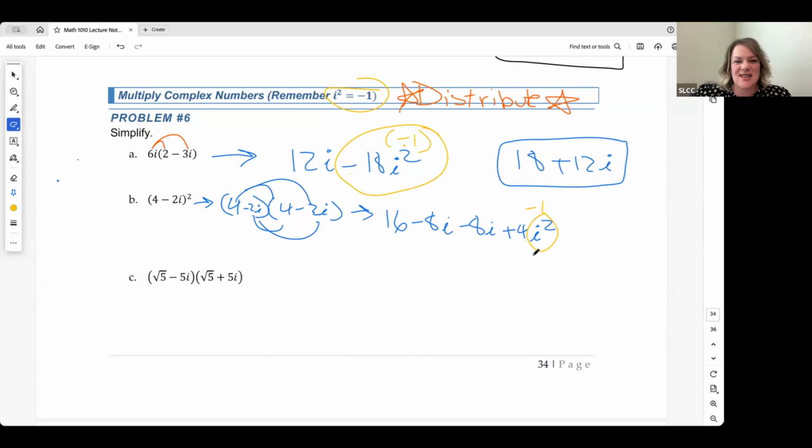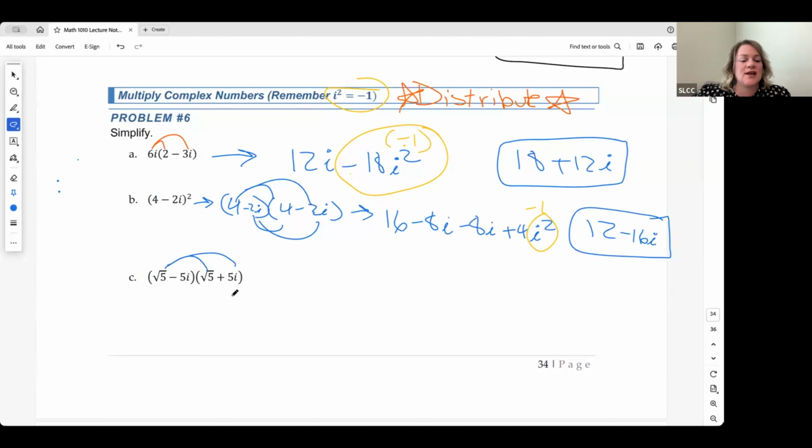Now this piece isn't an imaginary term, it's a real term. So just be aware of how to combine those like terms after you distribute. Okay, so 16 minus 4 would be 12, and then -8 and -8 is minus 16i. There's your complex number.